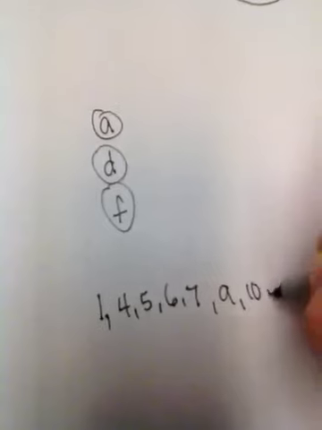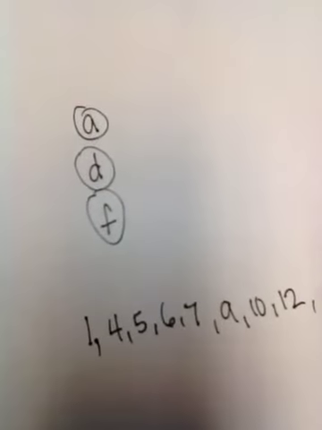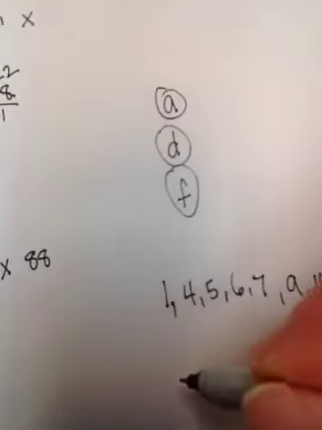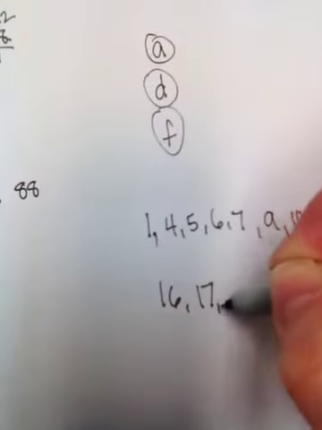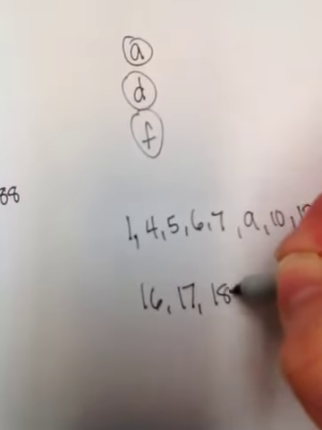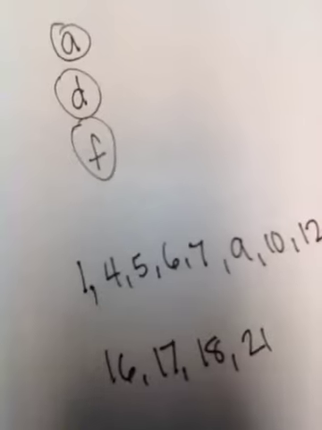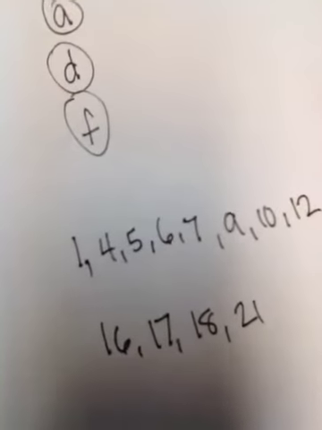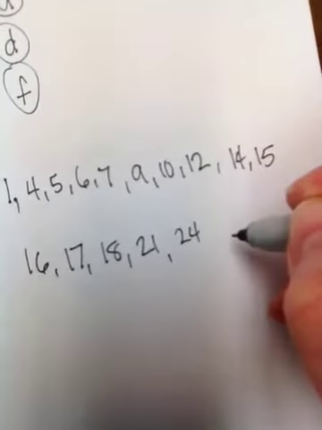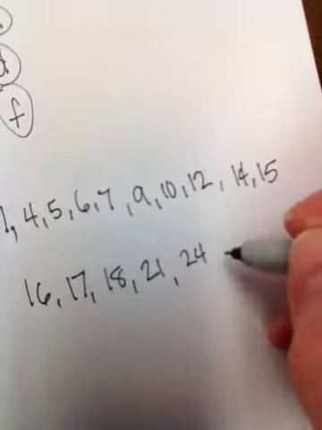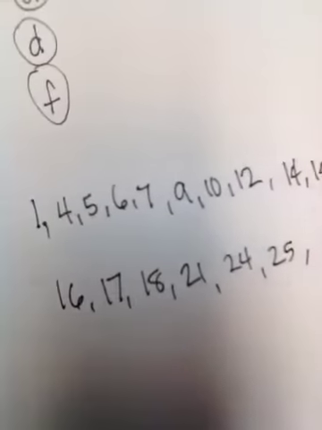Circle these in your book, remember. 14, 15, 16, 17, 18, 21, and 24, 25, 27, 28, and 30.